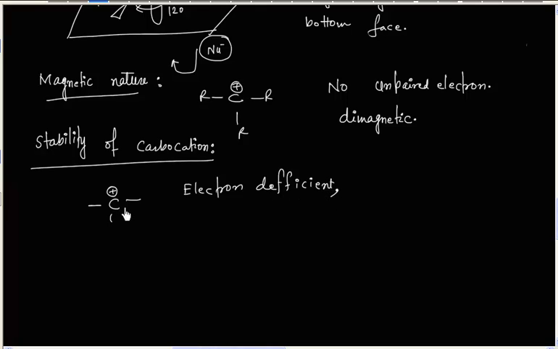So any group that can donate electrons will make the carbocation more stable.